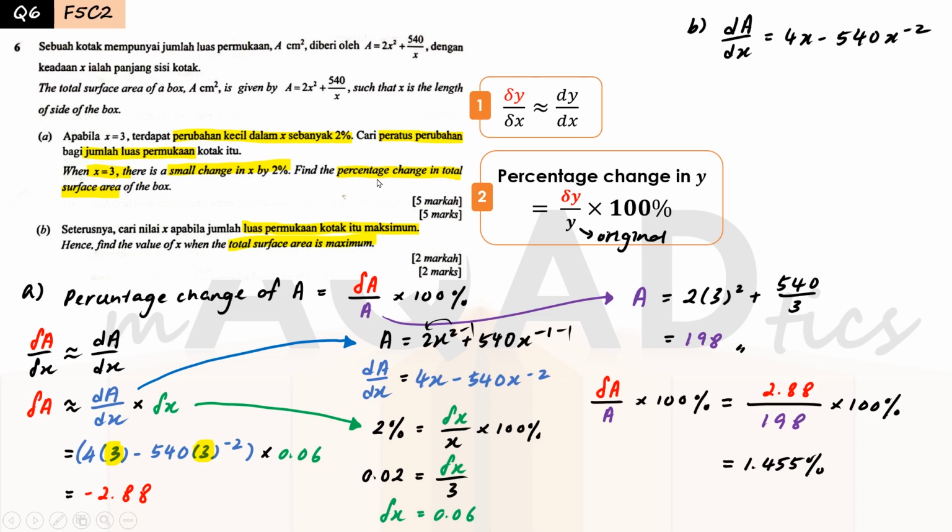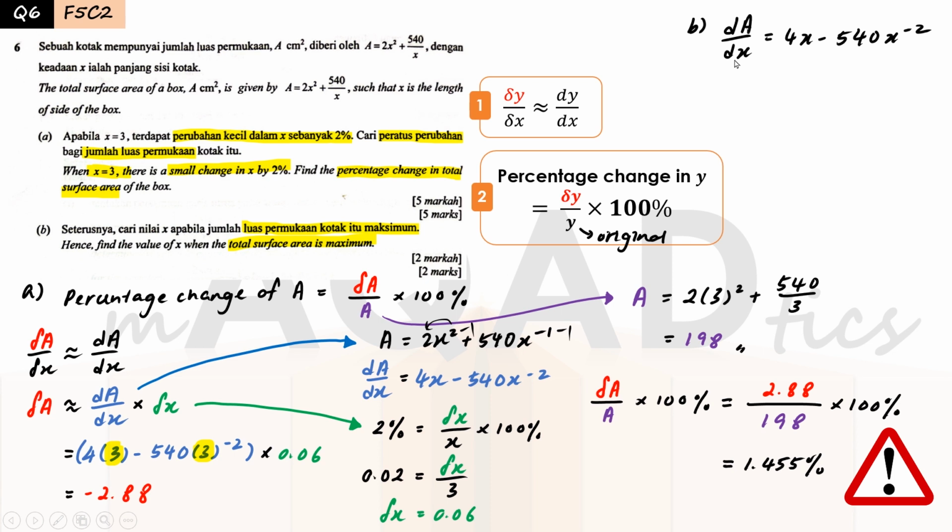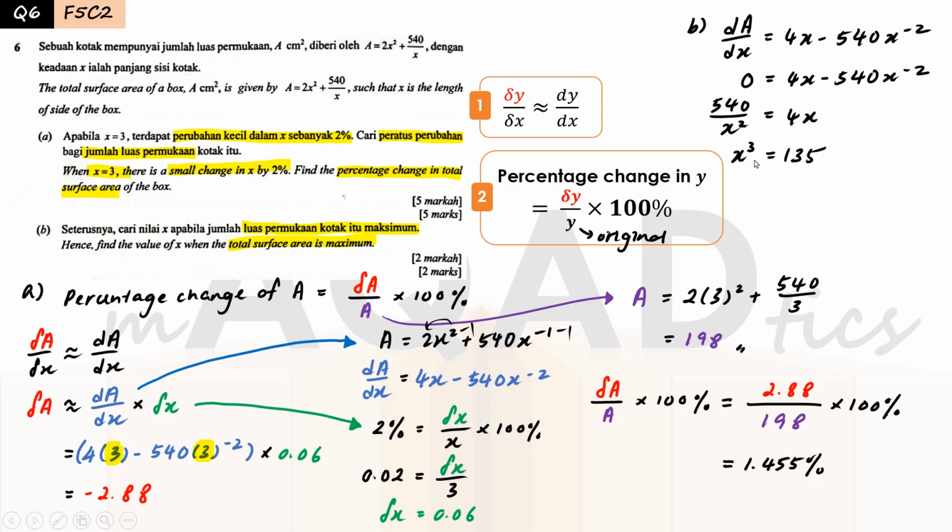Then the second step is we need to change the dA over dx to be 0. Alright, dA over dx becomes 0, and here we just rearrange the equation a bit, make sure x is on the left side, and then this cube we apply to the right side, then we'll get the value of x, which is 5.13 cm.